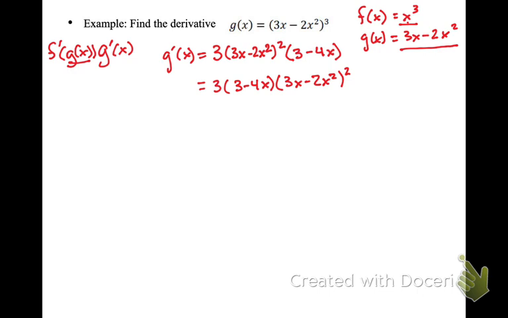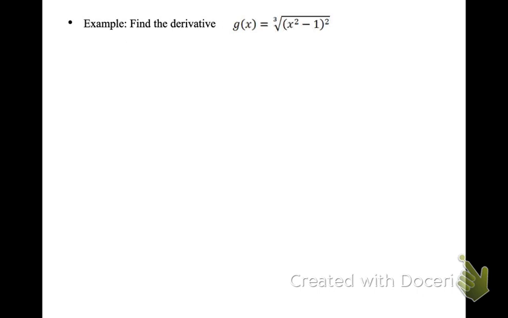Ready for another one? Okay, the biggest part is what's the inside and what's the outside. So, cube root, what exponent is cube root? 1/3. So our outside function is to the 1/3? Yes.